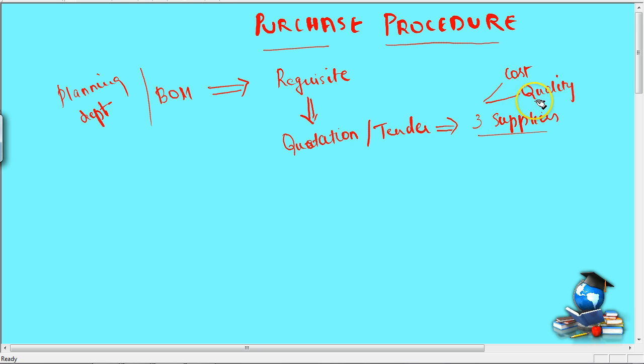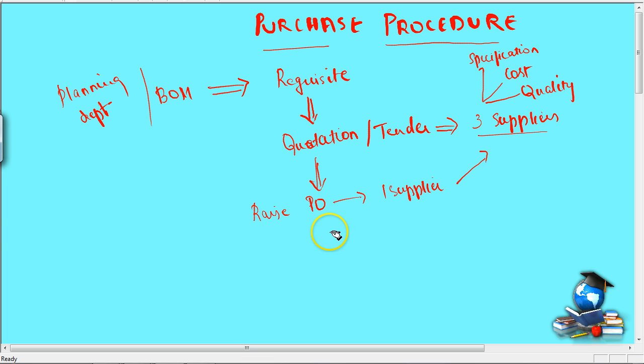Based on the price and quality specifications, the 3 suppliers individually will supply the raw materials for us. So they will give us a tender, also called a request for proposal. Once the tender is received, we will raise the PO, purchase order, selecting one supplier out of the 3 suppliers.